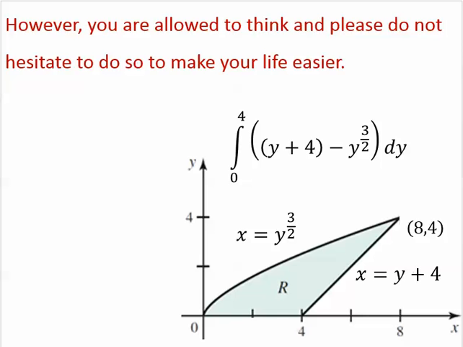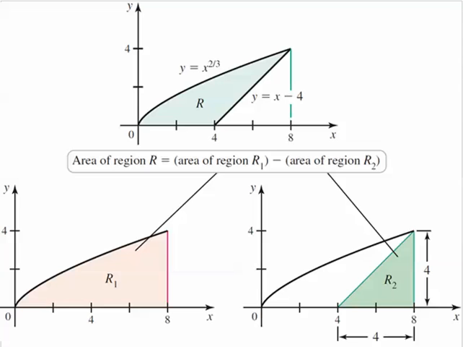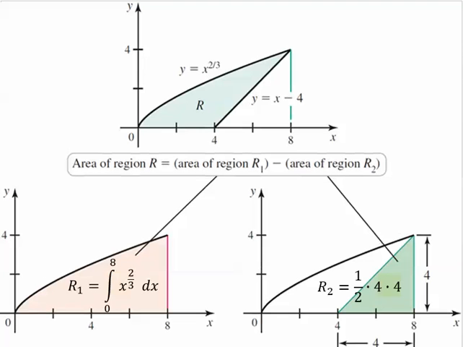Now, an example of how thinking can make this problem easier. What we could do is we could notice that the region R is the region R1 minus a triangle. So the area of region R is the area of region 1 minus the area of region 2. Now, the area of region 1, I can find that pretty easily by integrating with respect to the x-axis.